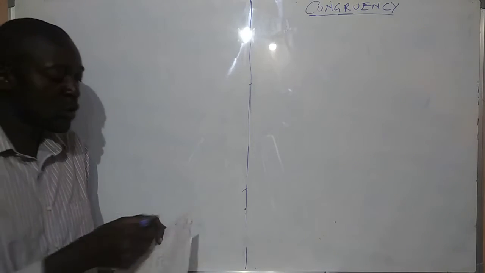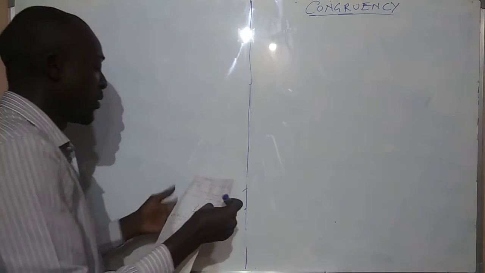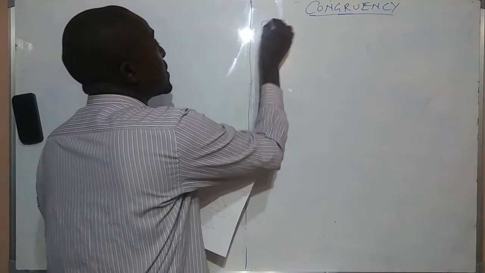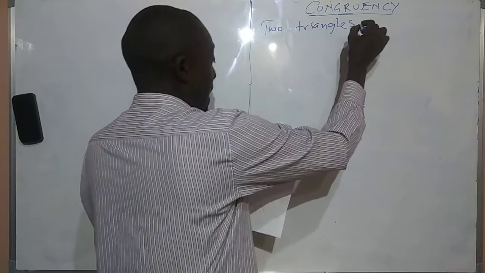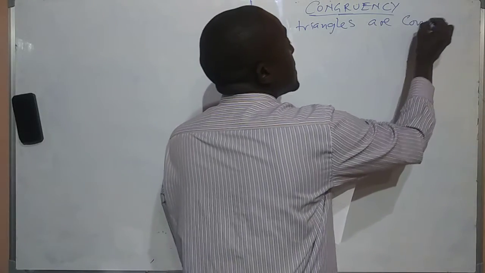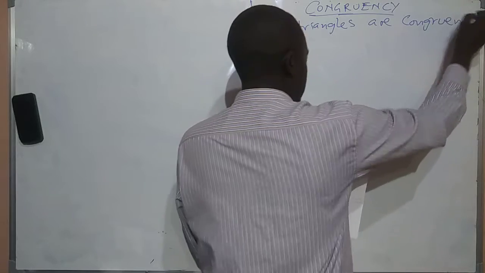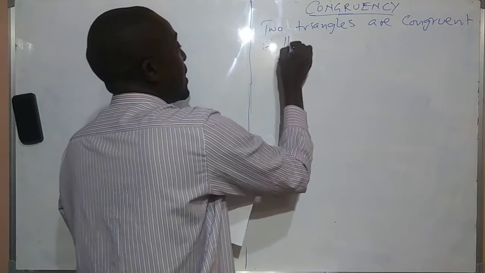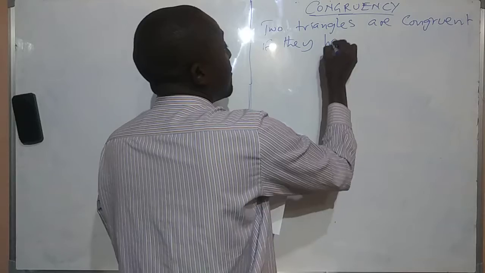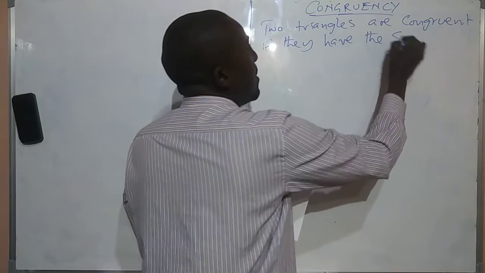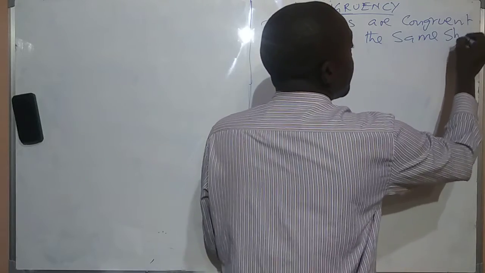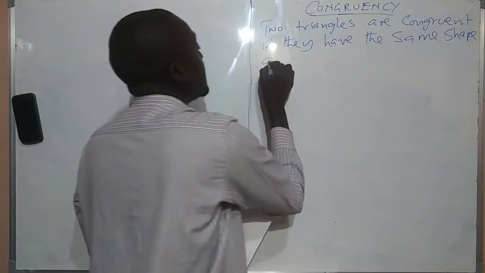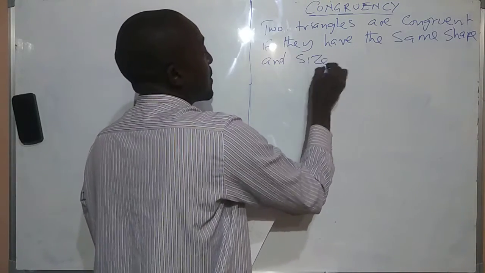Now, when you're talking about congruency, two triangles are congruent if they have the same shape and size.